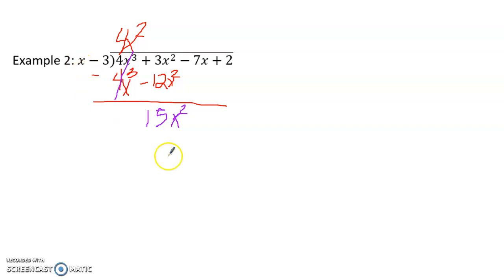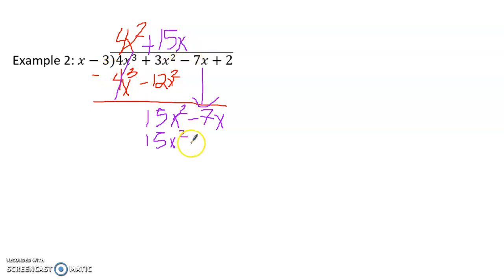What do we need to multiply x by to give us 15x squared? And the answer is 15x. So we multiply. Oh, sorry, before we do that, we should bring down the minus 7x. I forgot to do that. Now we multiply. X times 15x is 15x squared.